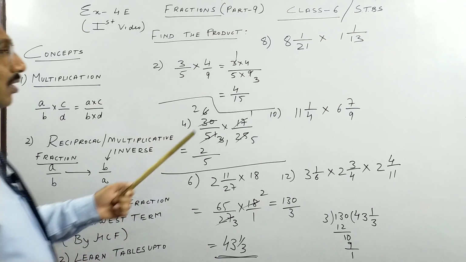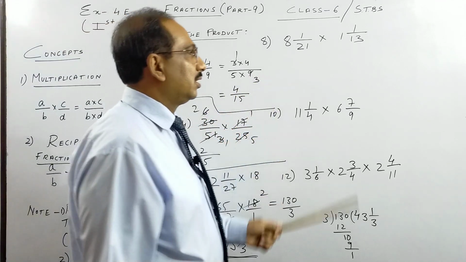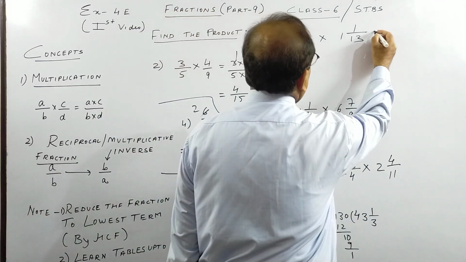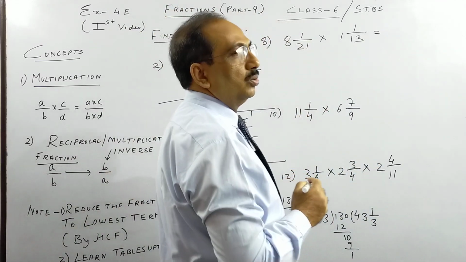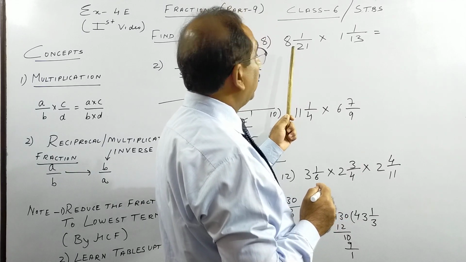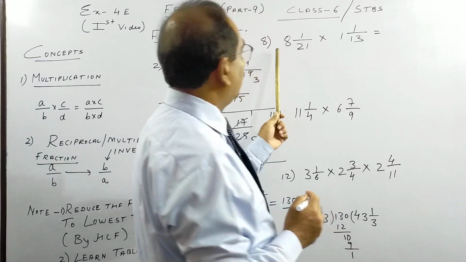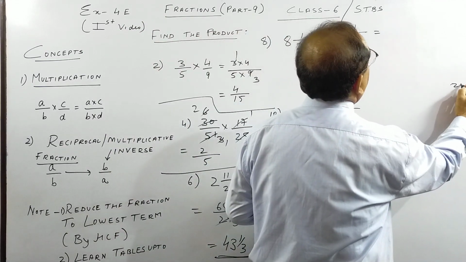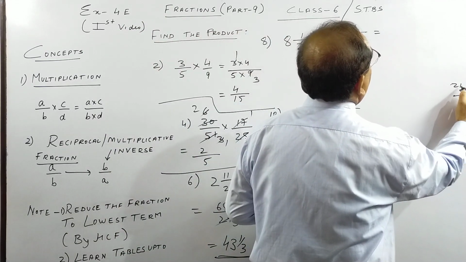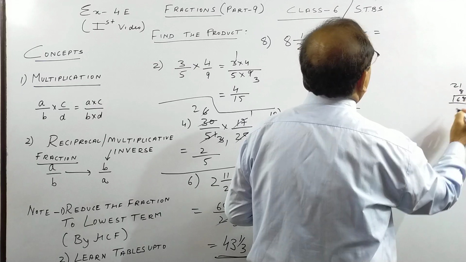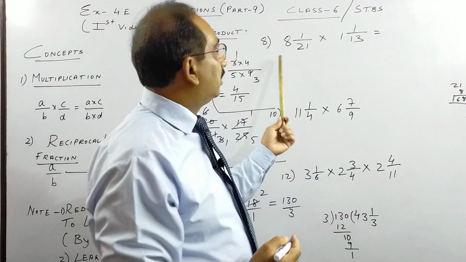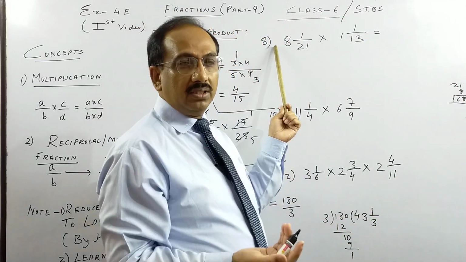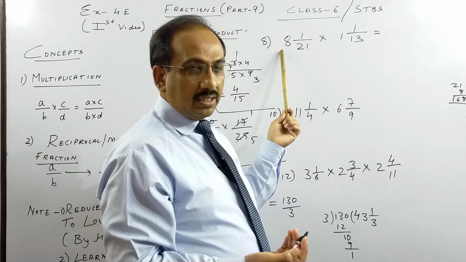Here also same thing, children. What we do, we convert them into improper fractions. 21 eights are, see how you will do. You can write like this and do. 8 ones are 8, 8 twos are 16. Another mental maths method is 20 eights are 160, 1 eight is 8.